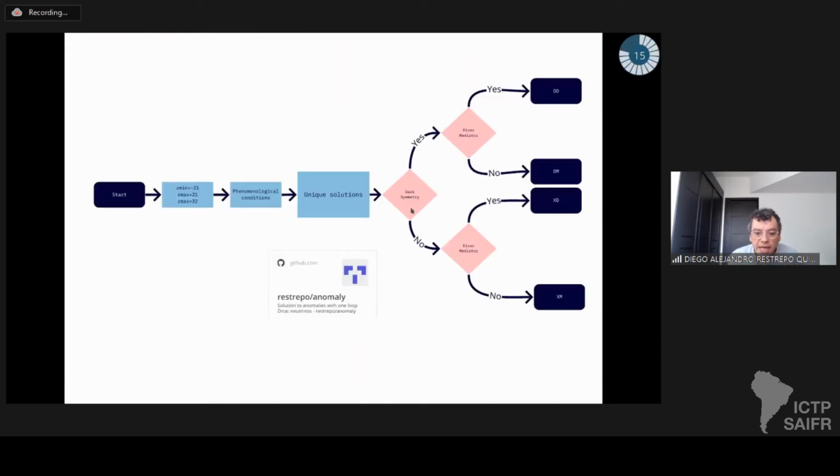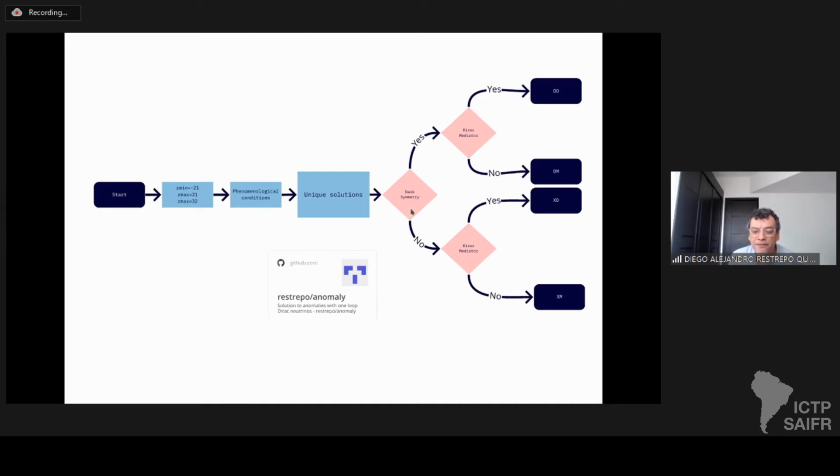So after imposing this kind of phenomenological condition, we have a set of unique solutions. These unique solutions are associated either with a dark symmetry or with an active symmetry. In the case of the dark symmetry, we can have either a Dirac mediator or a Majorana mediator. This is the solution with the Dirac mediator and with the Majorana mediator in the case of the dark symmetry.